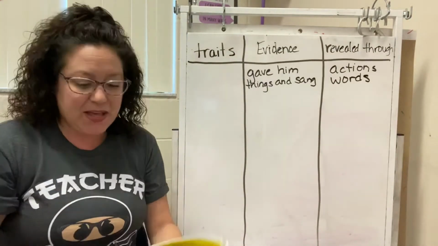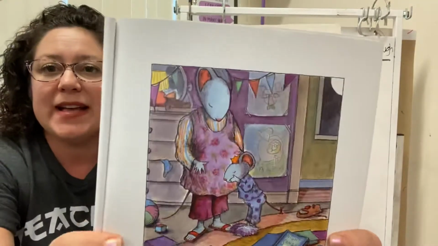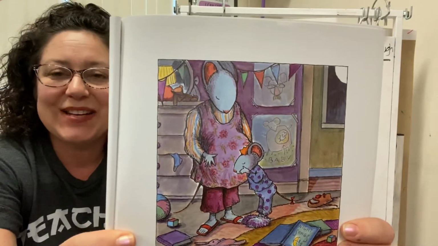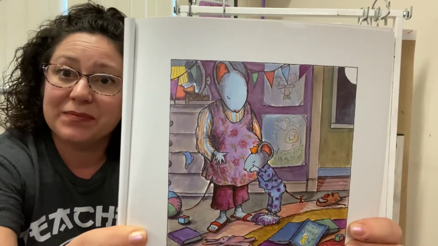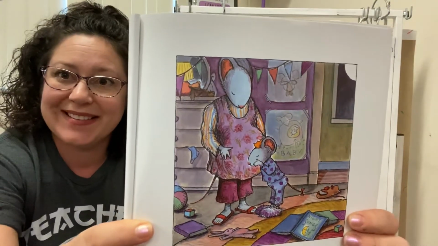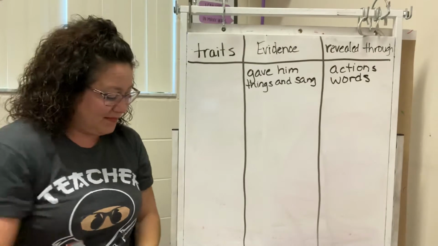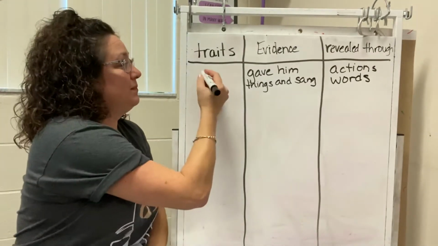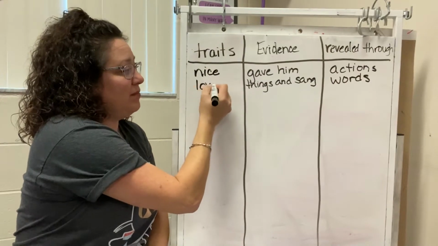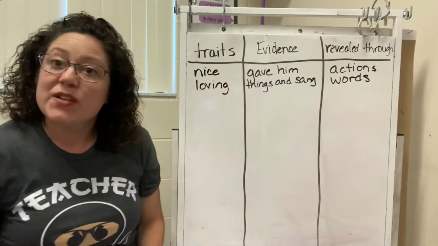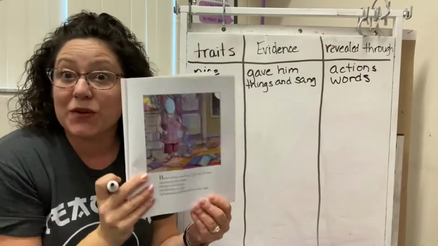She gave him things. She sang to him. What kind of inference can you make about her character trait right now? What kind of sister is she being? Yep. She's being nice. She's being loving. So we just made an inference from this first page.